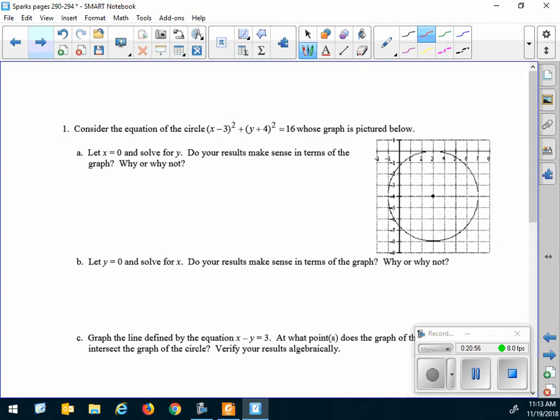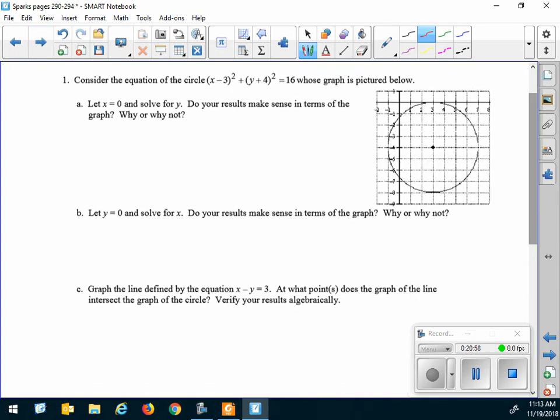Okay, let's take a look here. We're going to consider this equation, and we've got the graph. Let x equal 0 and solve for y. Well, let's see what the author's got in mind here. If we let x equal 0, what's that? That's 9.